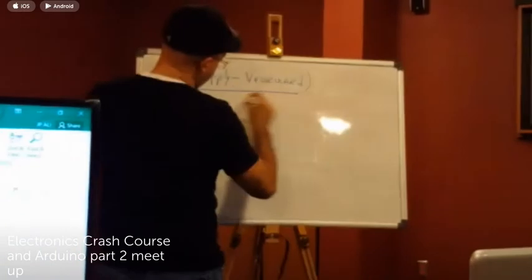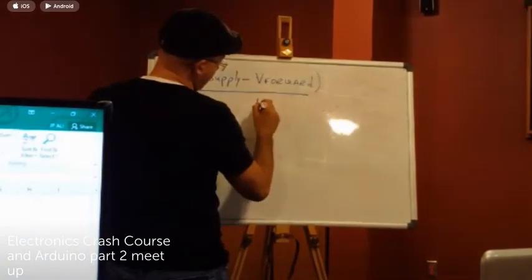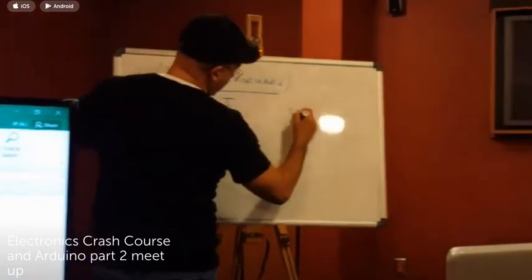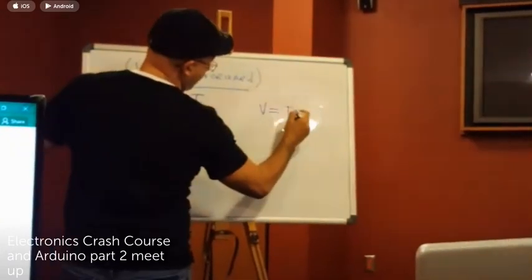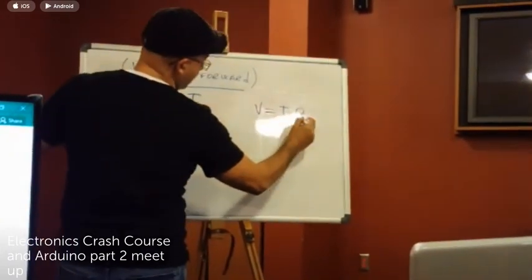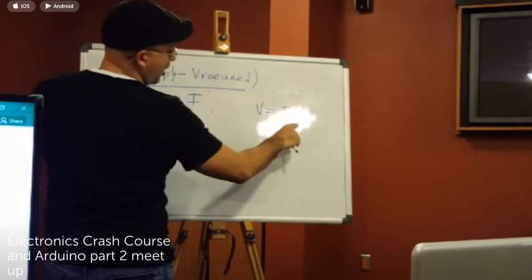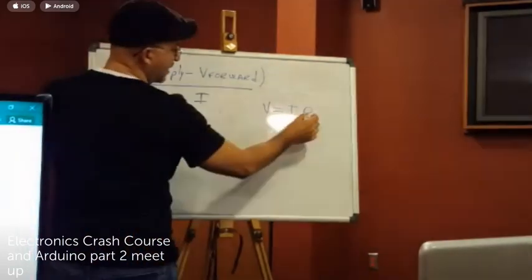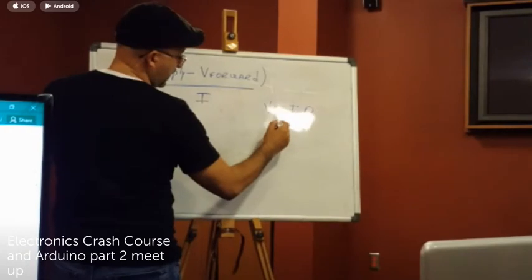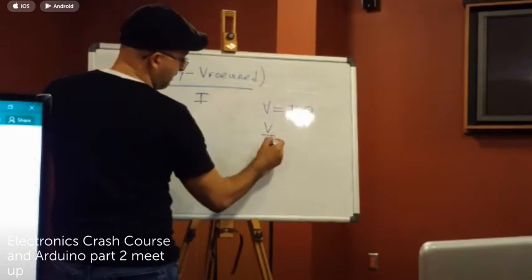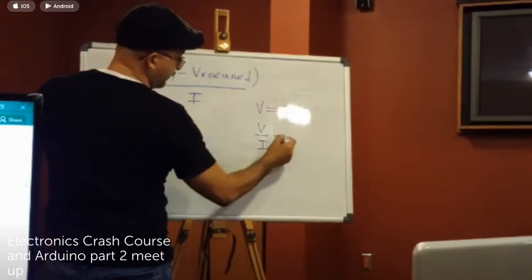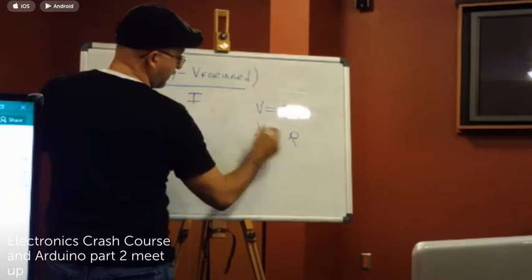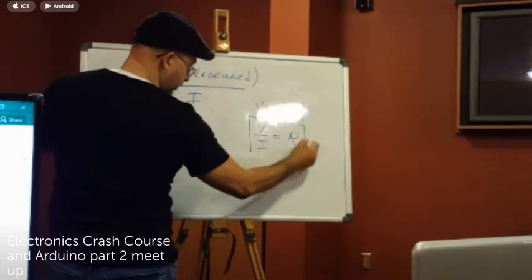So this comes from, current is abbreviated with I, so V equals IR. That's the basic formula, and we need to find the R. So if this is an algebraic expression, we need to isolate the R, so V divided by I is equal to R. This is what we're using right now.